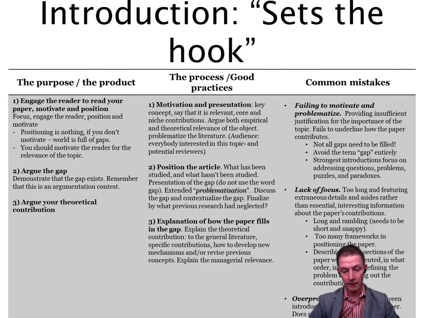So you tell that's why this paper is so relevant, because there is a gap in the existing literature. So really important is to motivate and then to present clearly, argue and present the gap so that the presentation is credible.